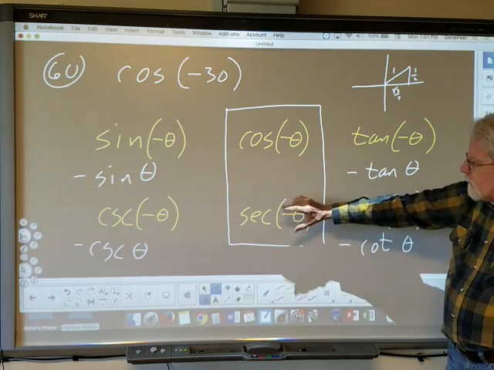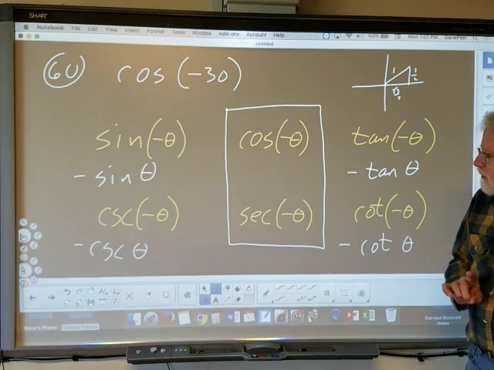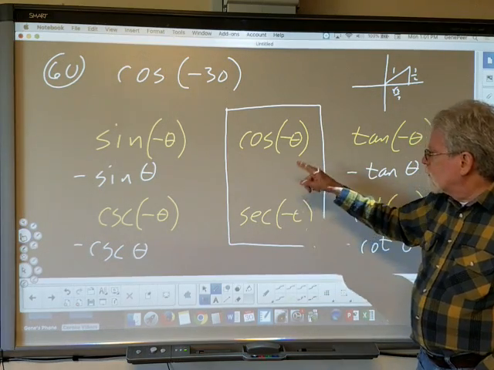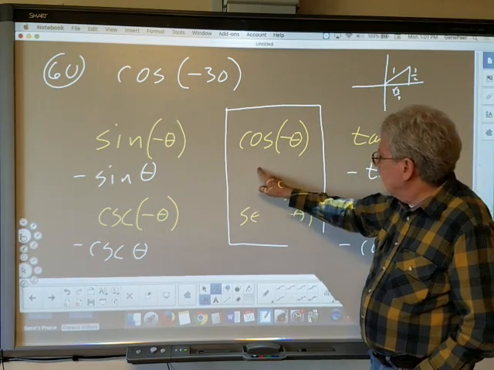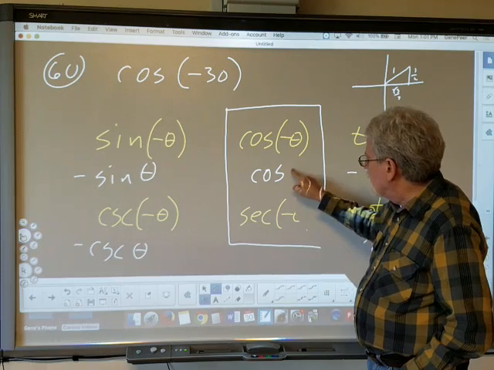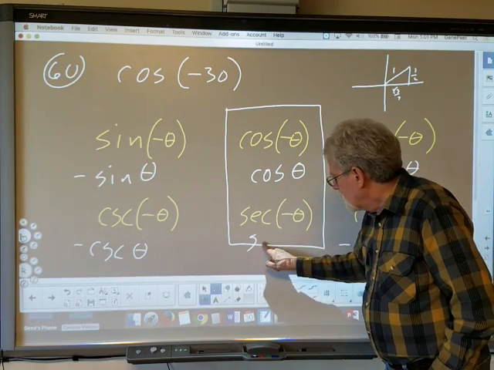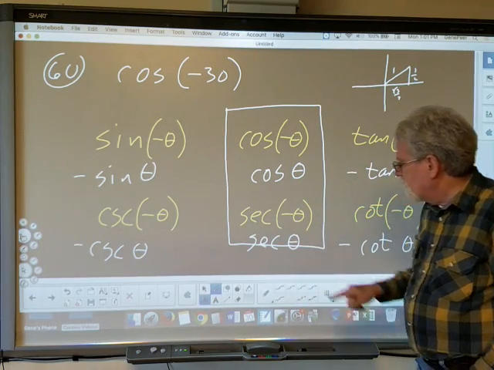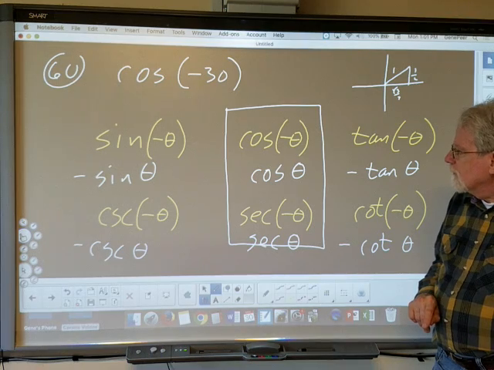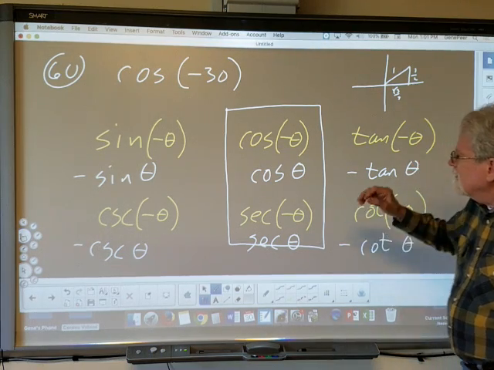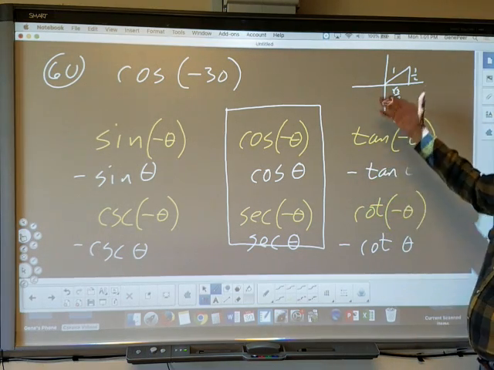But these guys are different. Cosine and secant are different. For cosine and secant, the really cool rule here is you simply drop the negative sign. And this will become secant of theta. Just drop it. It disappears. You can survive without these rules by looking at your unit circle.